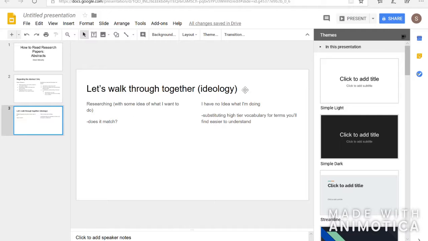And if you don't know what you're doing, which is probably going to be 99% of us, let's be honest. If you're just kind of getting into researching, like you're a freshman in college or something, then really your main focus at this point would be to just narrow down a field.